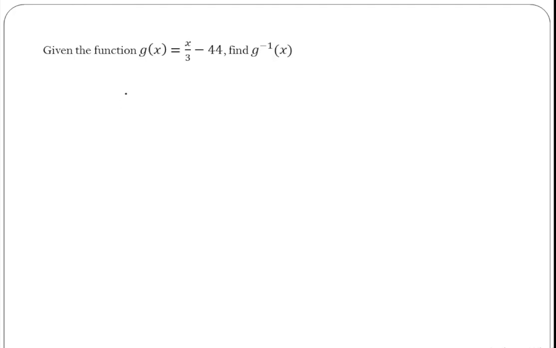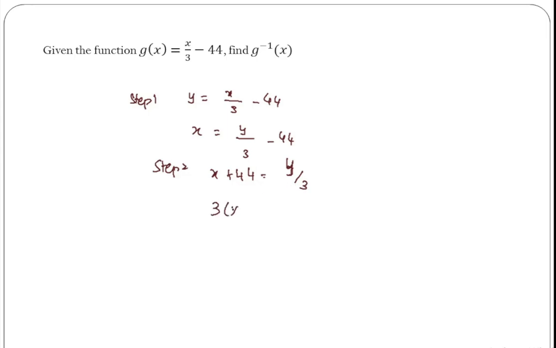We know the step 1. Step 1 is what? We have to replace. First we have to take y as x by 3 minus 44. Now replace is the first step. Then step 2, we have to change the subject of the formula into y. So that is x plus 44 equals y by 3.